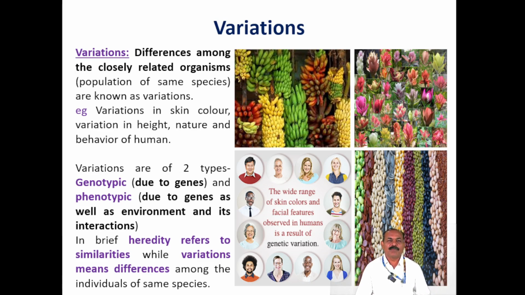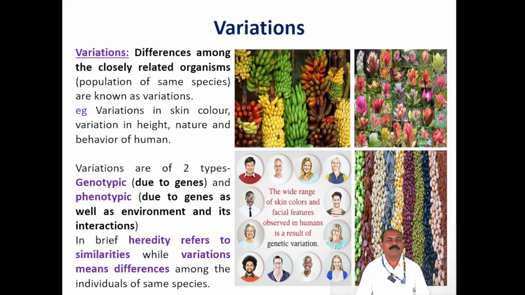Examples are variations in skin color, height, nature, and behavior. Here you will find the color of the banana changes, the color of the flower, the size and shape of the pulses, morphological changes, maybe anatomical and physiological changes. All these variations come from one generation to another generation.